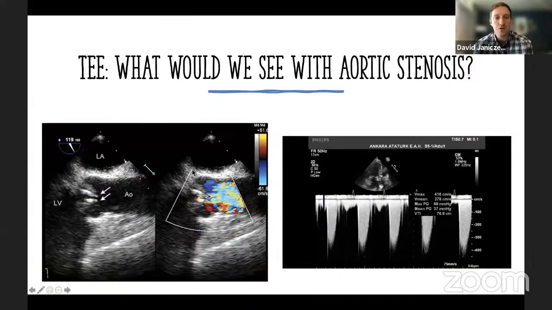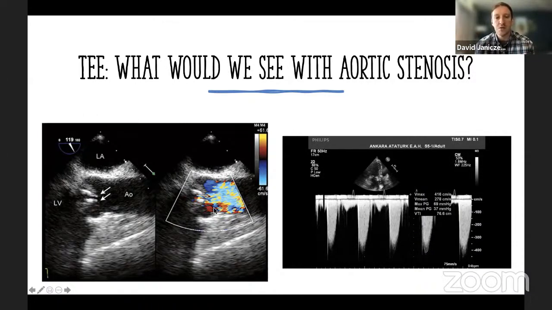So with aortic stenosis, what would we see? Basically this is a picture looking at the patient's aortic valve. The aortic valve sits right here in this image. The left ventricle is down here. The aorta is here. And so we would essentially see what we call color flow acceleration, or turbulent flow is another way to look at it. We can throw a color spectrum on this image, and if the heart was beating itself, we'd be able to see it with each heartbeat.